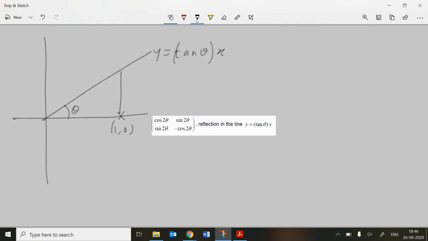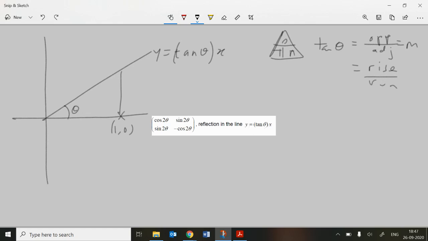And remember, tan of theta comes from your TOA triangle. So tan of theta is actually equal to your opposite over your adjacent. And of course, that's just your gradient formula. Opposite over adjacent is just rise over run. So that's why they've got it in this format here.